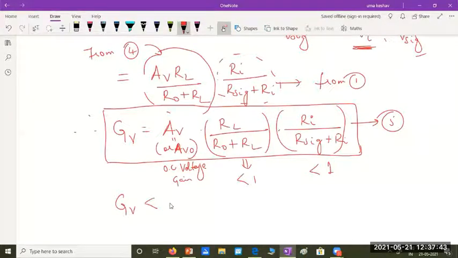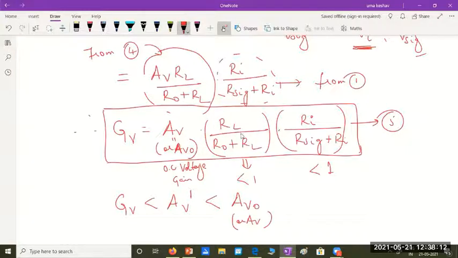Please remember, GV, overall voltage gain, is much less than voltage gain with load, which is still less than open circuit voltage gain, which is nothing but AV. So the overall voltage gain will be less than voltage gain with load. What is the expression for voltage gain with load? Open circuit voltage gain into RL by R0 plus RL.